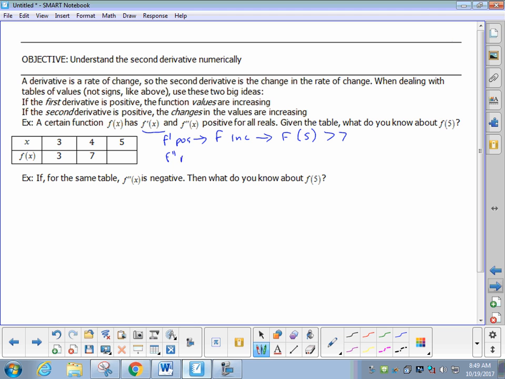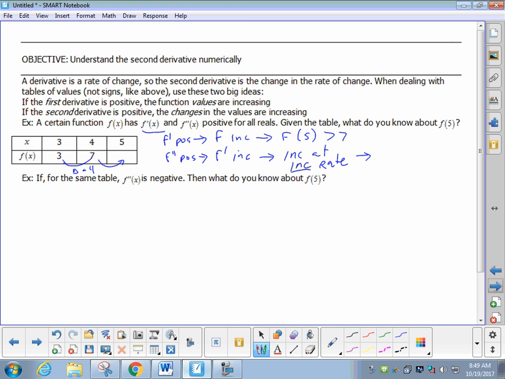F double prime positive means f prime is increasing, which should mean the changes, you can look at it, let's say it this way. It's increasing at an increasing rate. In that case, then you need to look at the changes. The previous change from 1 unit over was a change of 4.